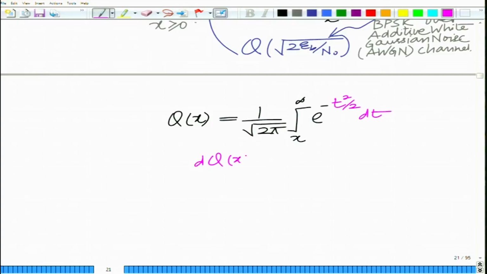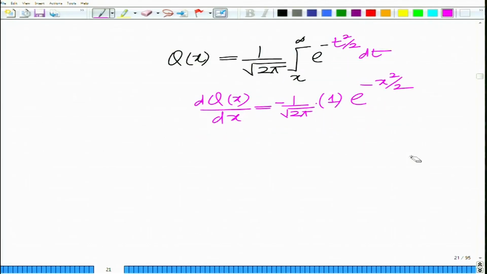We form the first derivative of this: 1 over square root of 2 pi, derivative of the top limit, which is 0 because of the constant, minus the derivative of the bottom limit, correct. So, we have minus the derivative of the bottom limit, which is the derivative of x, that is 1, times the integrand evaluated at the bottom limit, that is e raised to minus x square by 2.